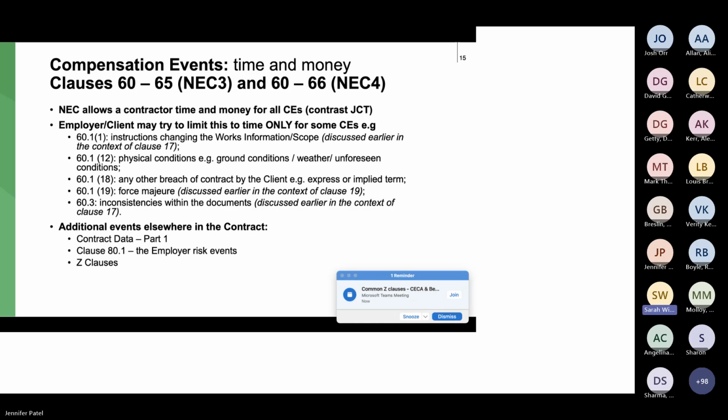It's more difficult for a contractor to prove that they come within the criteria for a compensation event under NEC than it is for JCT. That's because for NEC, it's always linked to the contractor having to prove that the client or the PM or somebody employed by the client hasn't done something that is specifically stated they were or were not to do within the contract documents.